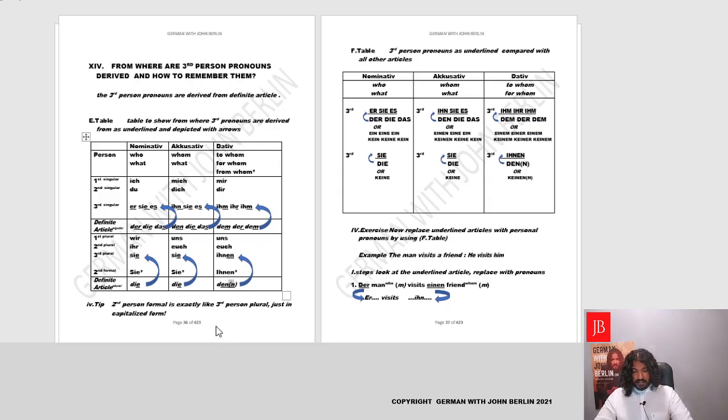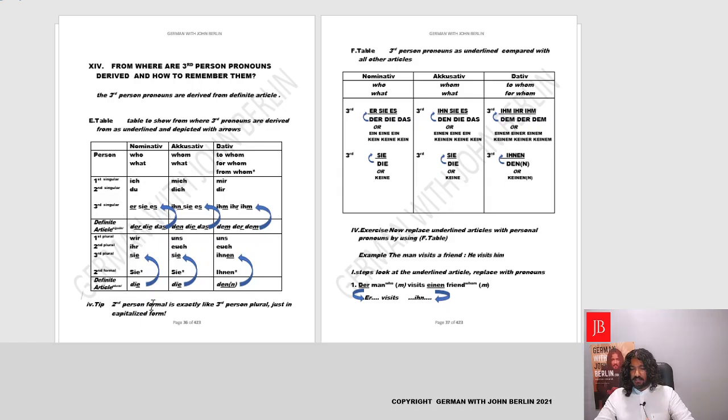All right, so basically we saw that er, which is he, is derived from der, and ihn, which is him, is derived from den, die, das, respectively. Yes, and ihm is from dem, der, dem. Similarly, our plurals. So we shouldn't stop here.